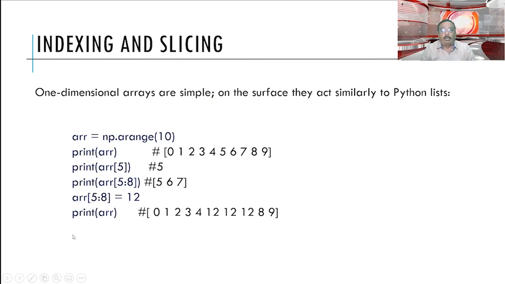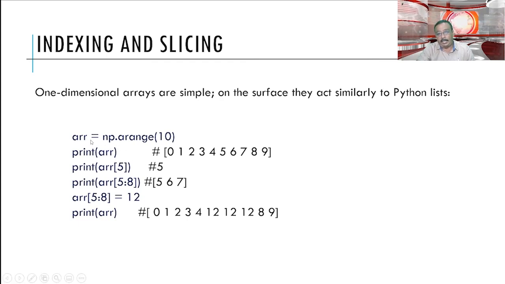Now coming to indexing and slicing. These are important operations that can be performed on a NumPy array. Here we have taken an example. One-dimensional arrays are simple. On the surface, they act similarly to Python lists, but the operations that can be done on an ndarray are going to be different, which we are going to discuss here.